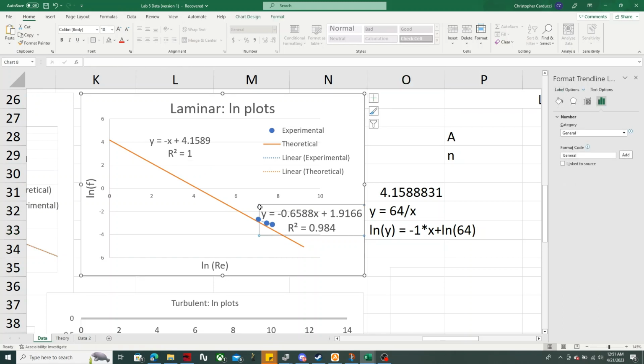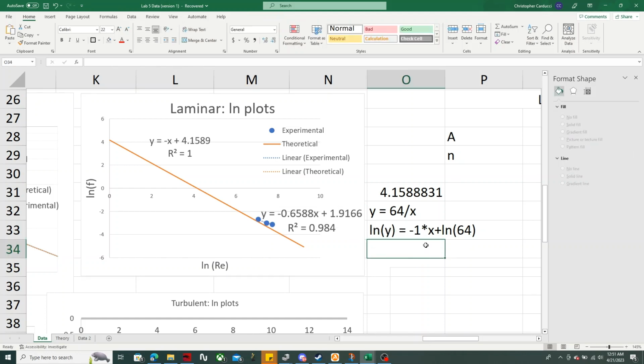You can see here the experimental trend line, the linear trend line. Once again, this is your power that is related. And then this is that coefficient out front, right? So if you're trying to interpret this, if you're trying to reconstruct what your original equation looks like, it would look something like this.